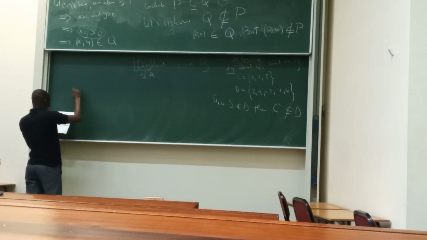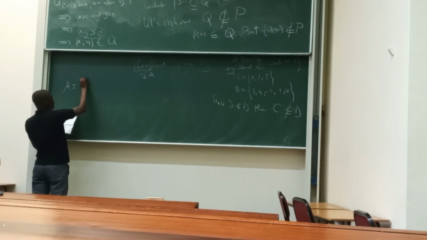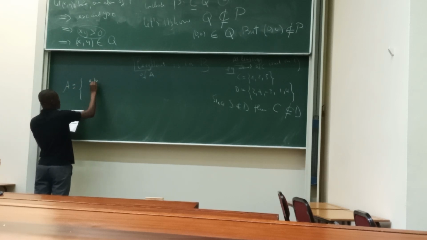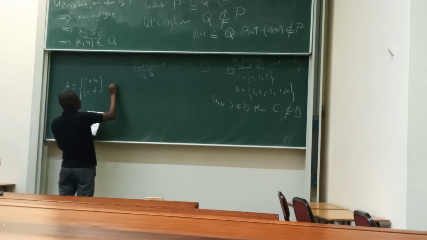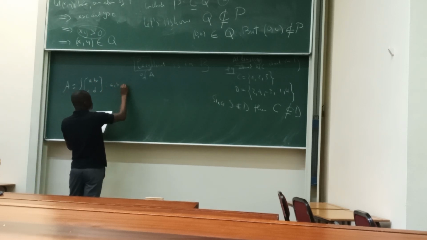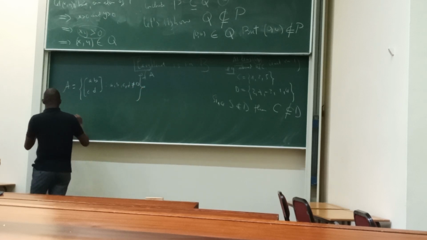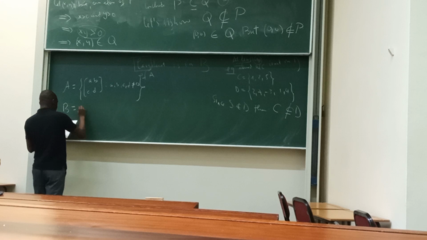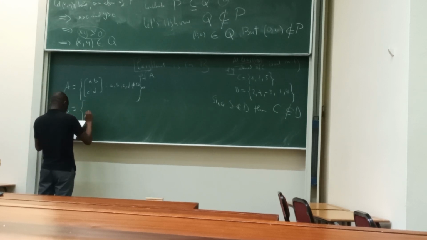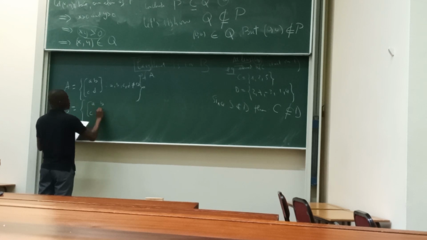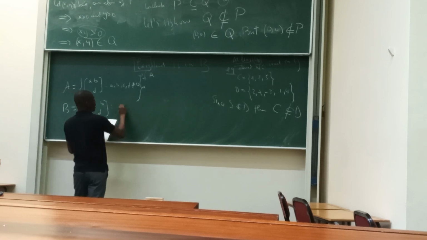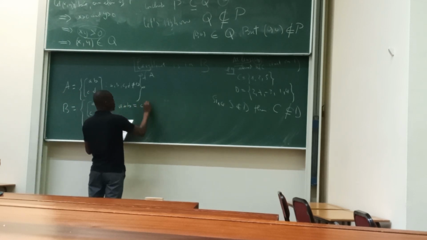We have the sets of matrices. Let's consider A to be the set of matrices [a, b; c, d] such that the determinant ad - bc is different from 0, and the set B, which is the set of matrices [a, b; c, d] such that a plus b is equal to c plus d.